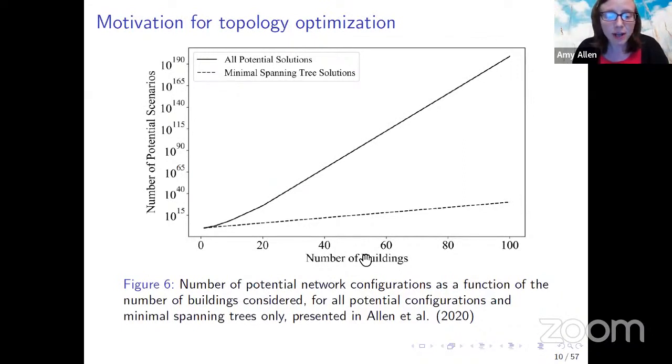So that, in conjunction with the minimal spanning tree heuristic, made the problem fairly tractable at the scale that I considered, which, as you pointed out, was fairly small. But I expect that with the optimization algorithm, the scale of 20 to 30 buildings would also be readily considerable from a computational perspective, but I haven't dug into how that might scale with a larger number of buildings.